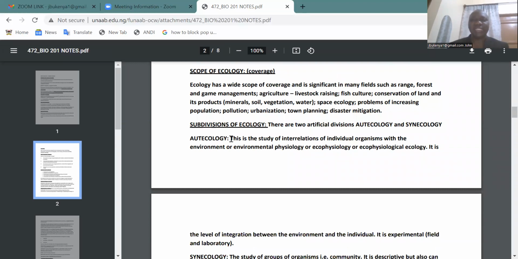As we've already seen, the scope of studying ecology ranges from organism ecology to population ecology to community ecology to ecosystem ecology. It can go up to landscape ecology and global ecology, where in this case, the Earth is looked at as the largest ecosystem.